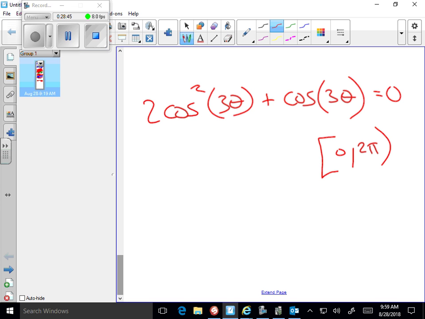I see once. No. Cosine is equal to 0 at pi over 2, 3 pi over 2. Go around 3 times. 5 pi over 2, 7 pi over 2, 9 pi over 2, 11 pi over 2. Then set all those answers equal to 3 theta and divide all of them by 3. I don't think you're going around 3 times picking up solutions.